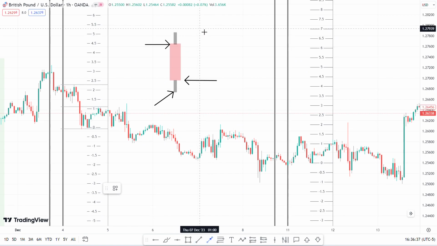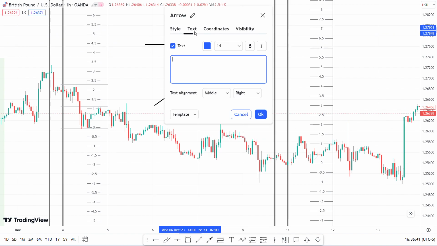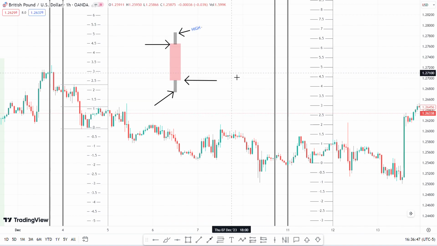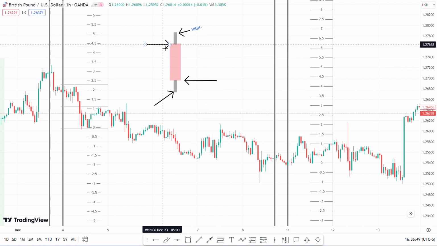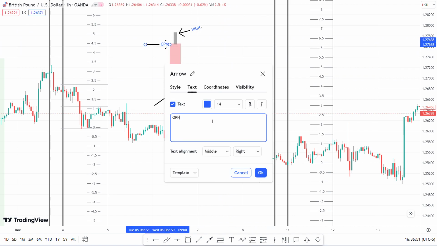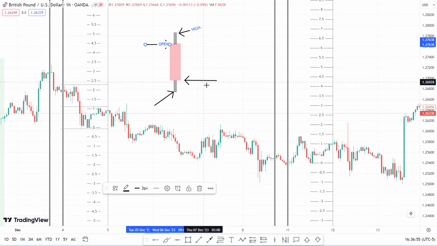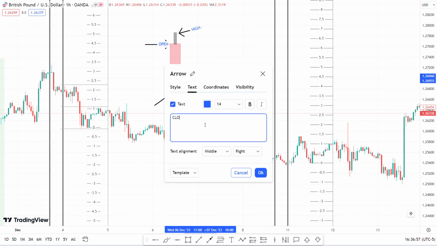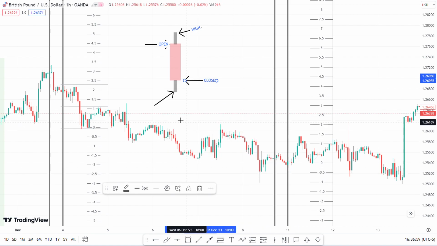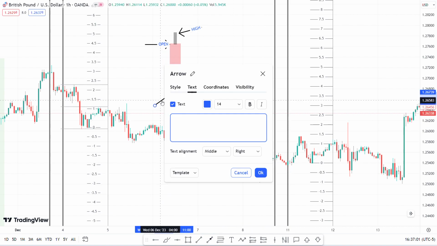So this right here is the high. Since it's a red candlestick, this is the open. This is the closing price. And this is the low.